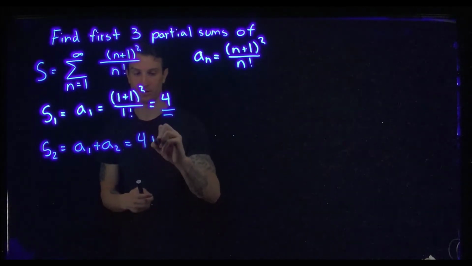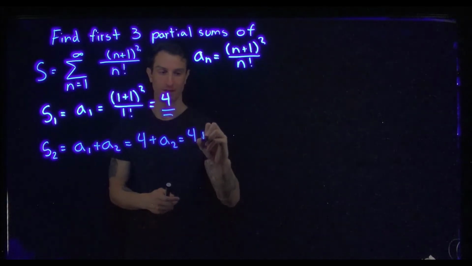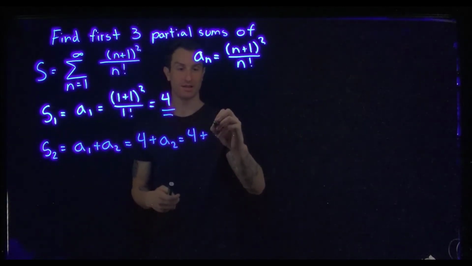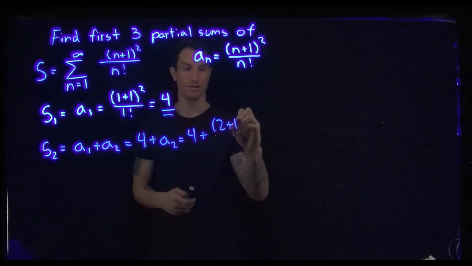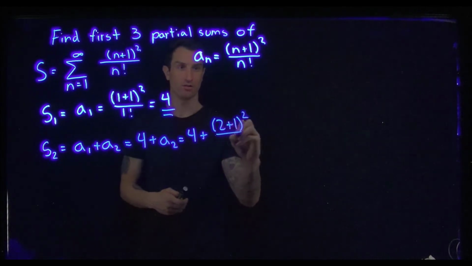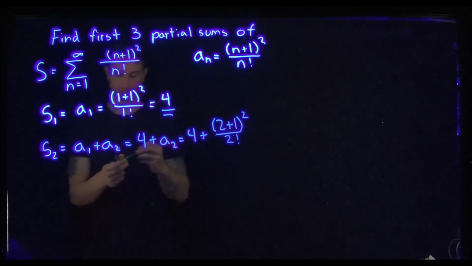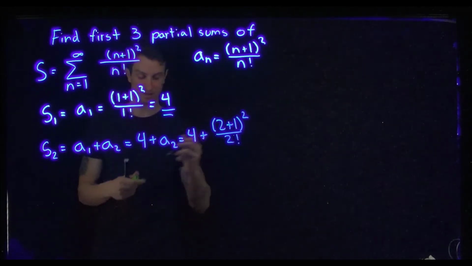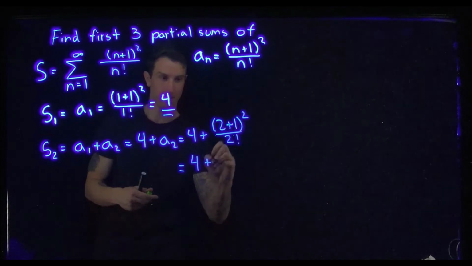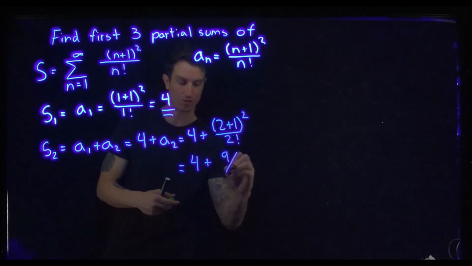So 4 plus A2 is equal to 4 plus, well, what happens when I plug 2 into our sequence? I get (2 plus 1) squared, all over 2 factorial. And this ends up being 4 plus 3 squared, 9 over 2.